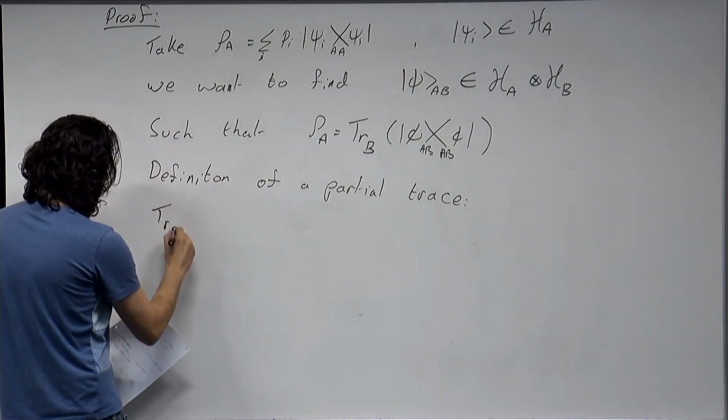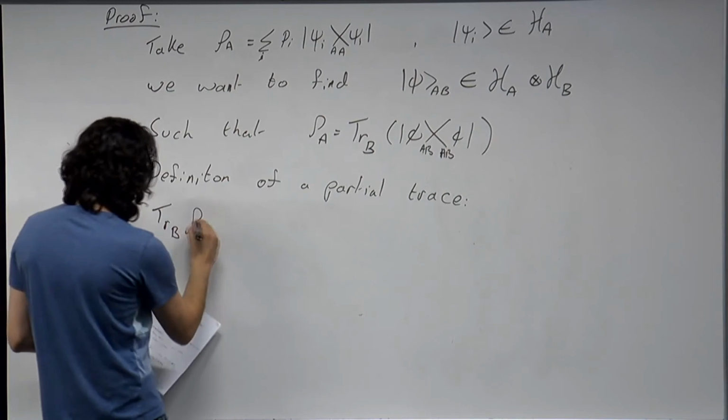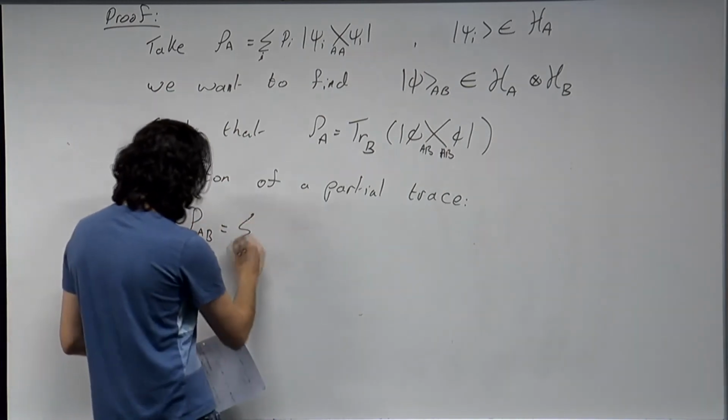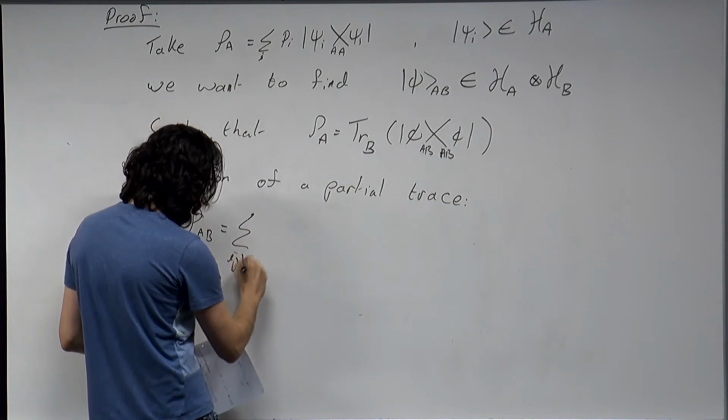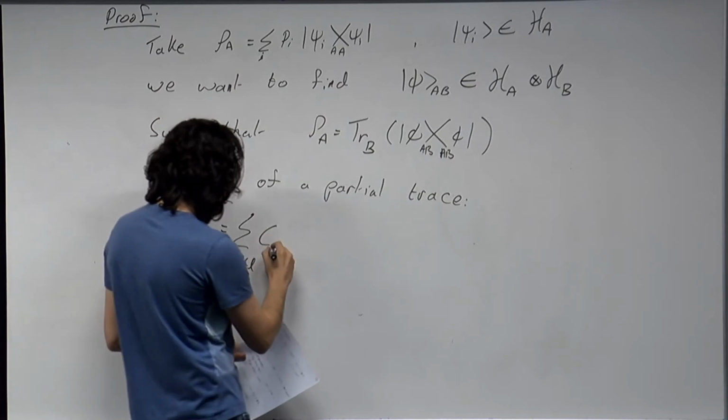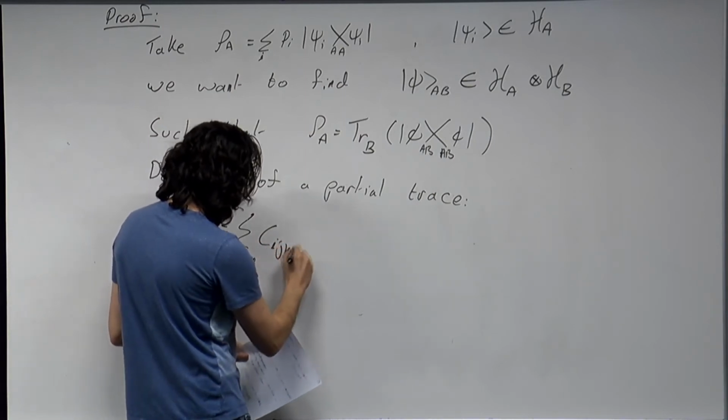So trace over B of rho AB equals the sum over i, j, k, l. Those are four indices. Then we're going to have c_ijkl.